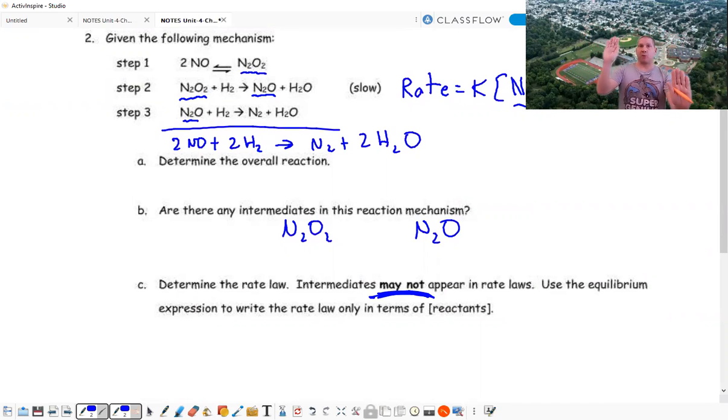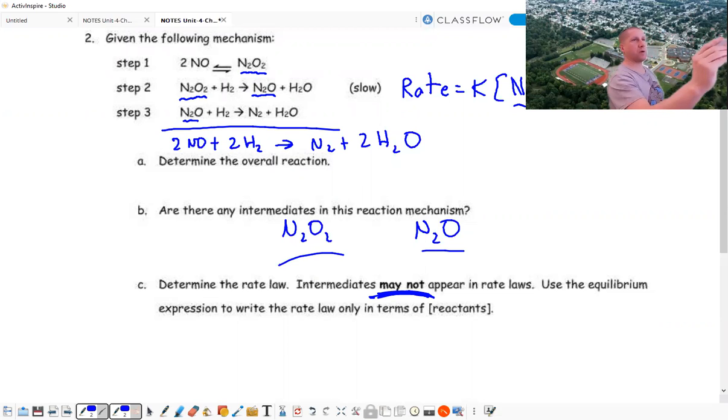Then maybe I want to keep B at 1 molar and change this one to 0.5. We can do that. Or change it to 3. We can do that. With intermediates, they're being produced and then used up. So not only are they difficult to manage the concentration, they're very hard to even find the concentration, because once again, they're being produced and then they're being used up. All right, so we don't include them in rate laws.